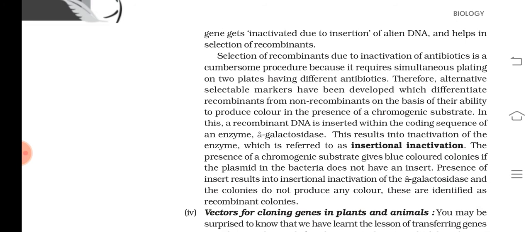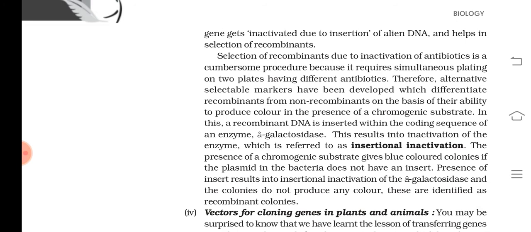So to avoid this, another technique has been developed. This technique is based on the ability to produce color in the presence of a chromogenic substance. In this, the recombinant DNA is inserted within the sequence of the enzyme beta-galactosidase.